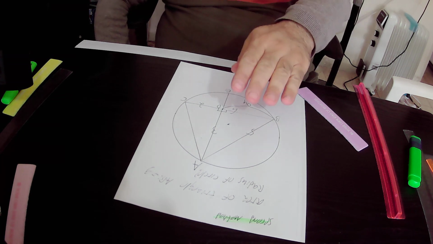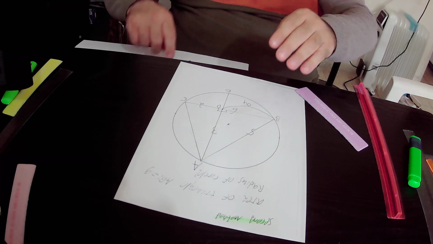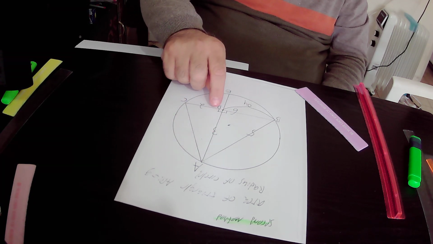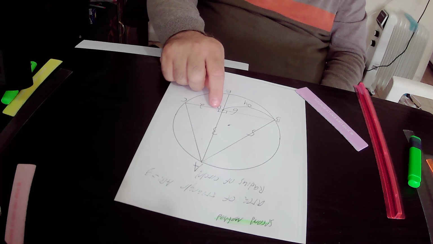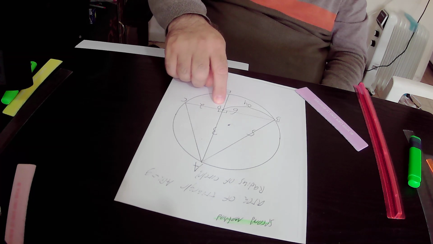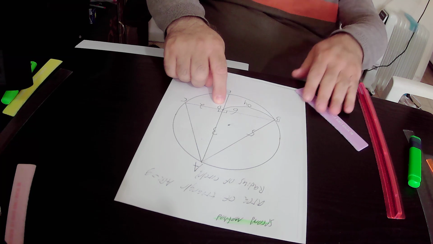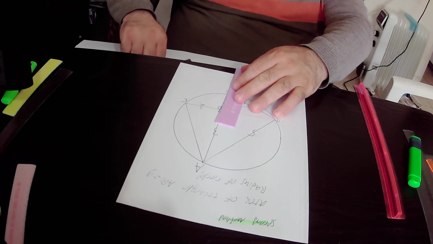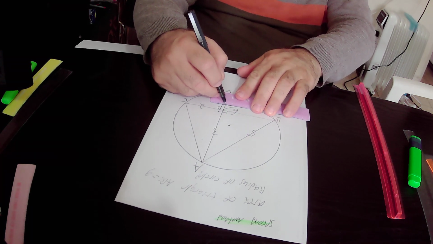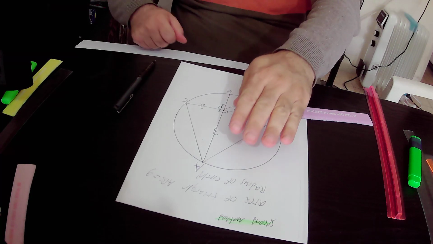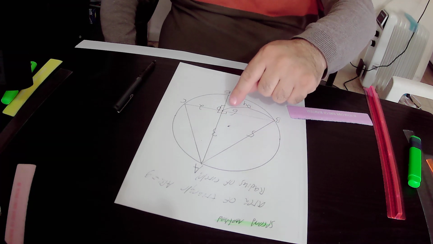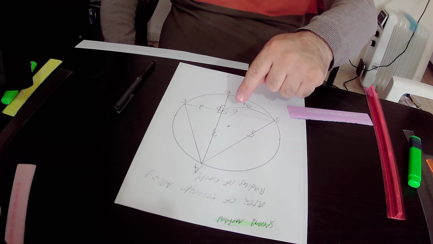So if we focus on this side of the straight line AE at point D, then the sum of the angles here must be equal to 180 degrees. So this angle equals 90 degrees, plus this angle, in total they must be equal to 180 degrees. So this angle must also be equal to 90 degrees. Likewise, if we focus on this side of the straight line AE at point D, then the sum of the angles here must be equal to 180 degrees.